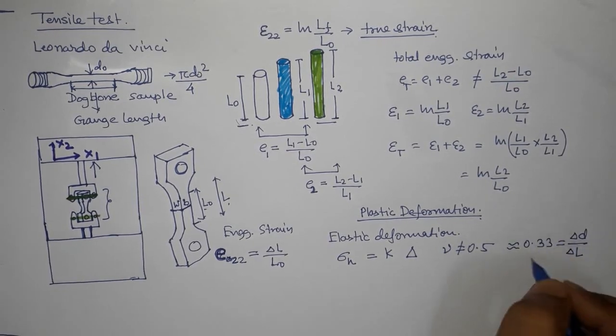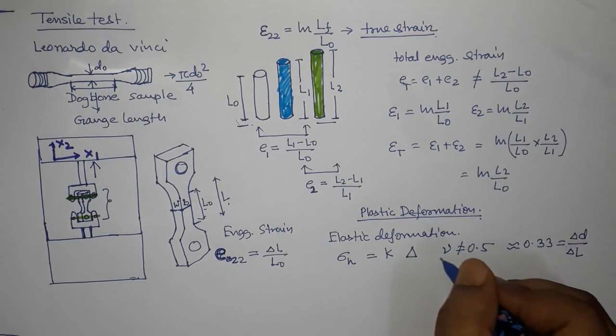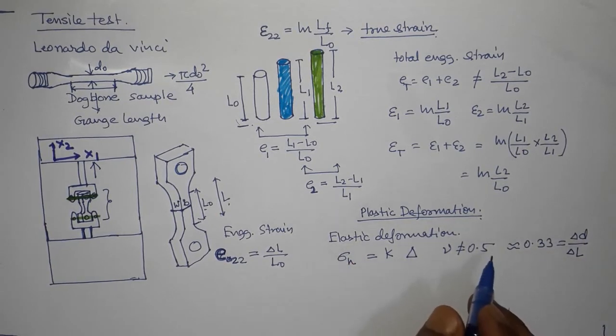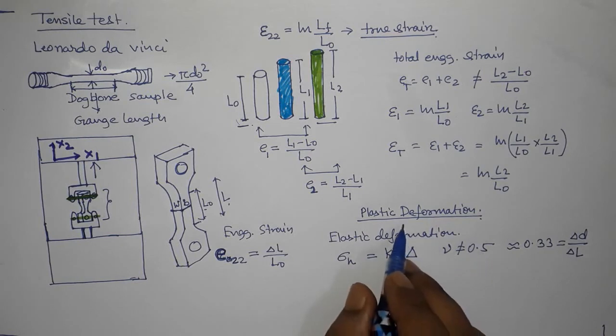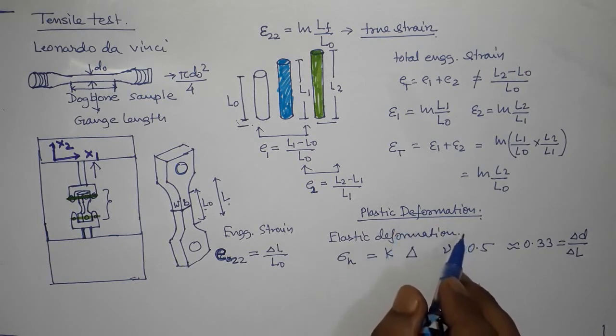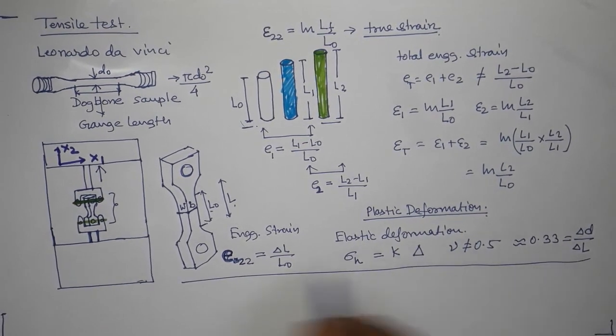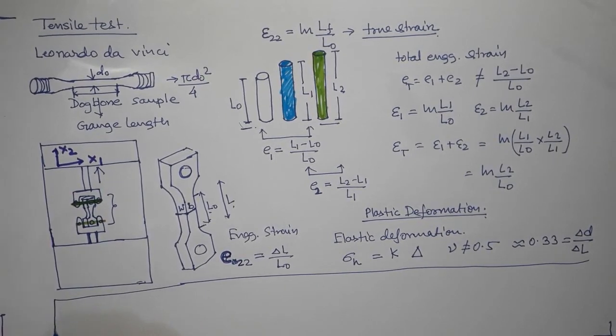Because of this relationship, you do not have constant volume in elastic deformation, but in plastic deformation the volume is constant. So in plastic deformation we can find a relation between true and engineering strain.